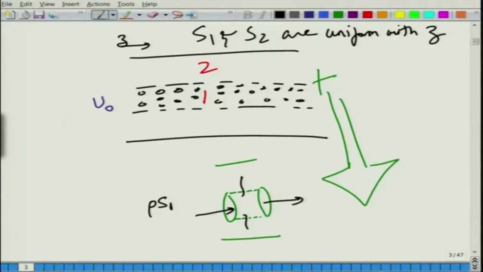So, rho into S1, and this element is, let us say, delta Z. So, what is the flux that goes inside this? This has a unit of kg per meter cube, this is meter square, okay. And velocity you need to multiply, isn't it? Let us call this velocity u1.